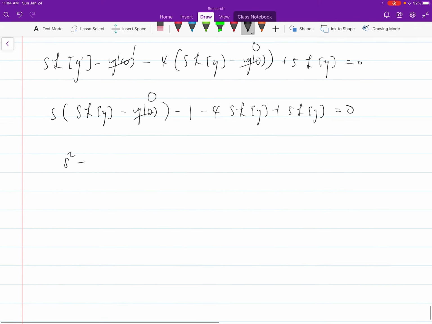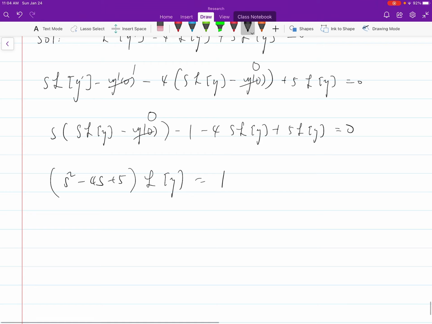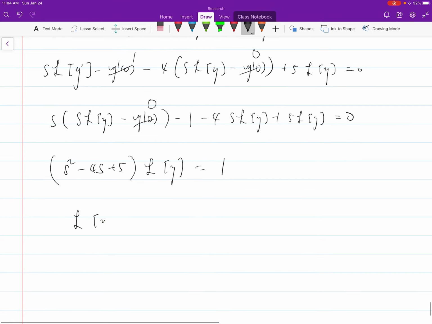So together we have s squared minus 4s plus 5 times Ly equals 1. And then Ly equals 1 over s squared minus 4s plus 5.